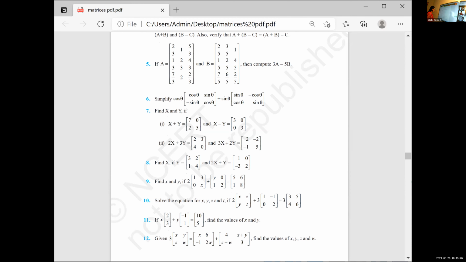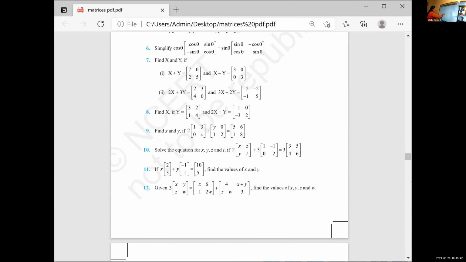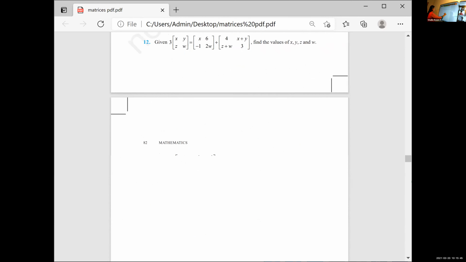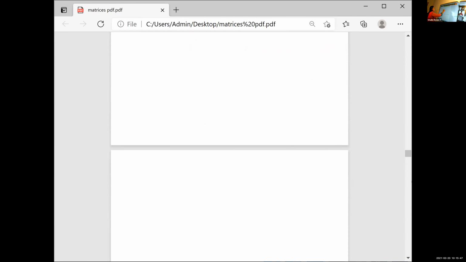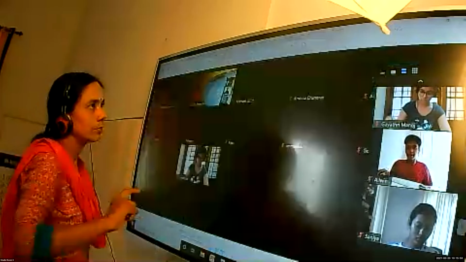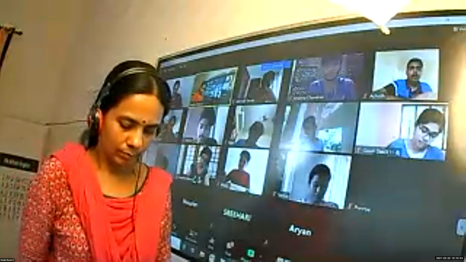Mark it in your textbook. 7, 8, 9, 10, 11, 12 are important repeated 2-mark questions, and a few of them used to be asked as 1-mark questions also.